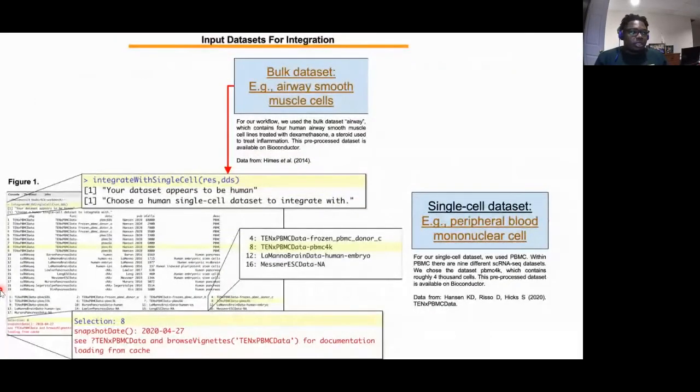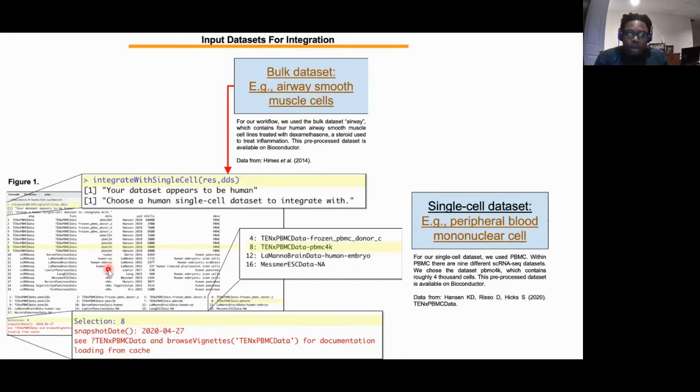So to accomplish this, we developed a function called integrate with single cell within DESeq2, which takes two arguments, and based on whether your bulk dataset is either human or mouse, would generate a list of corresponding single-cell datasets.